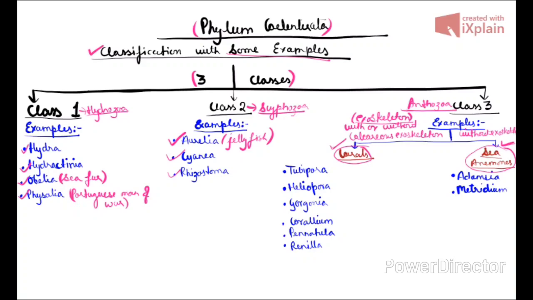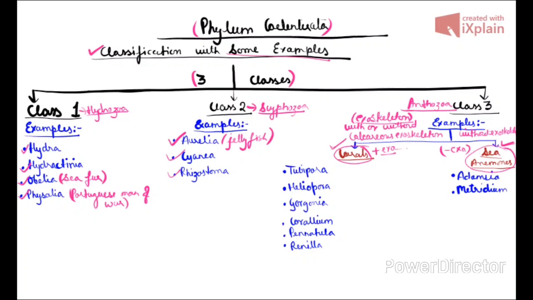Means the corals have an exoskeleton and the sea anemones don't have an exoskeleton. I am writing in short.